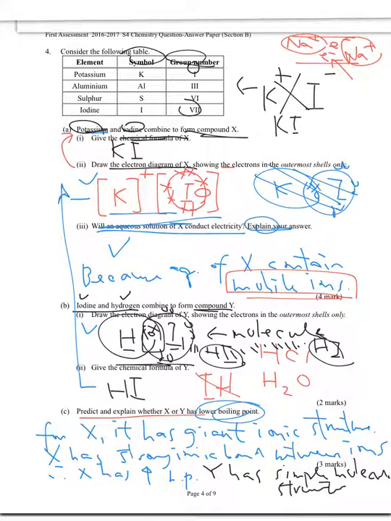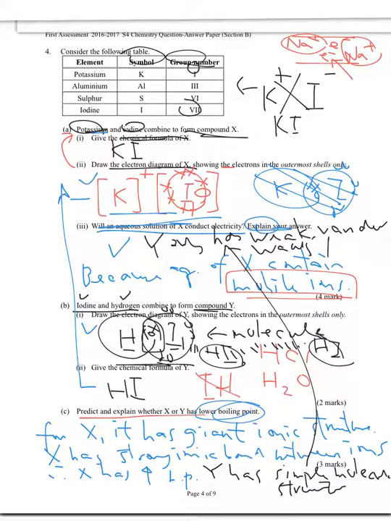I don't have enough space, so I place it here. With a simple molecular structure, that means Y only has weak forces, we can use the words Van der Waals forces, between molecules.